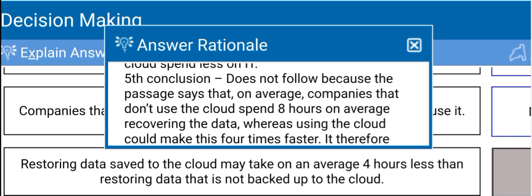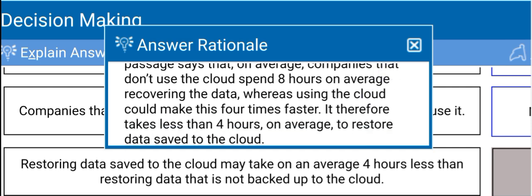Fifth conclusion, it does not follow because the passage says that on average companies that do not use the cloud spend 8 hours on average recovering the data, whereas using the cloud could make this 4 times faster.